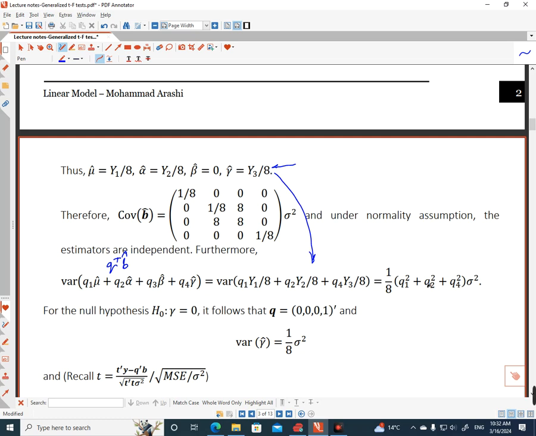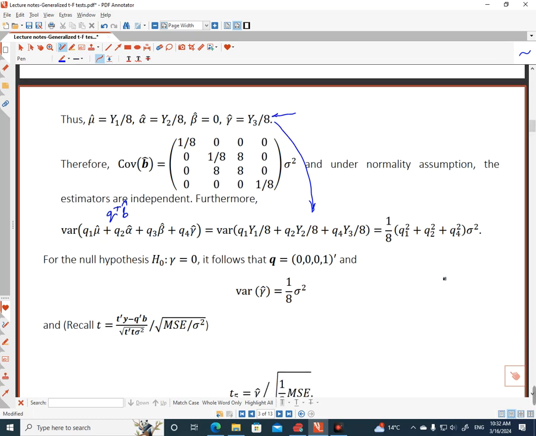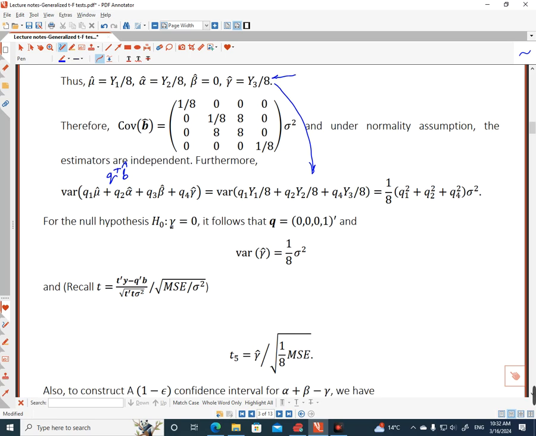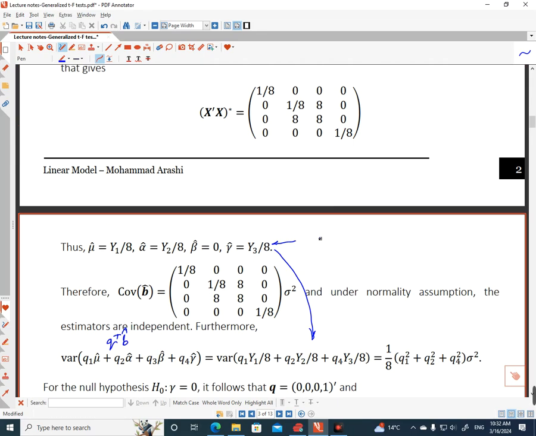and it is simply given by this formula. Now let's go to the hypothesis testing. I want to check this null hypothesis, whether it's true or not, or whether it's accepted or rejected based on the data. But for the theory, we need to construct a test statistic. For that, first of all, note that the q prime b must be equal to gamma, and here in this case q is given by this column vector 0, 0, 0, 1, because the last element is gamma.